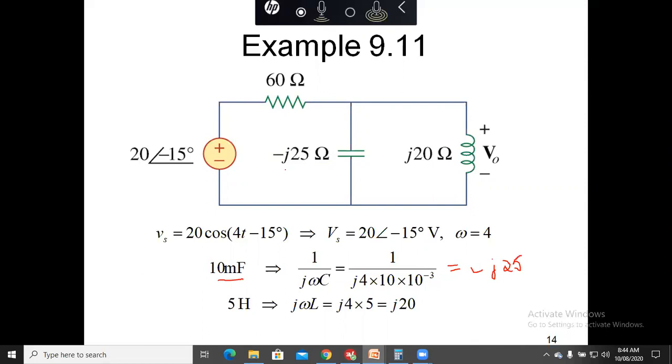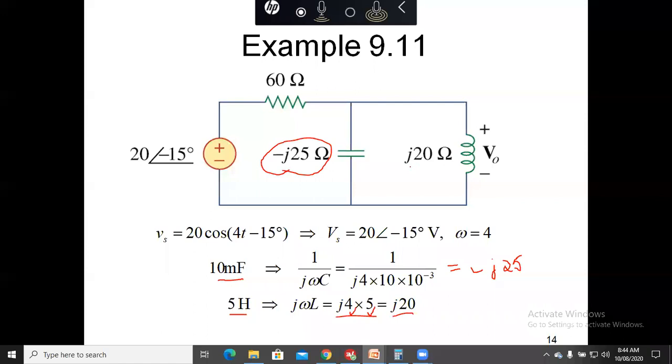So we substitute the value of XC here, and the inductor value is 5 Henry. So this is J4 into 5. 4 is omega, right? And 5 is 5 Henry, and that is J20.